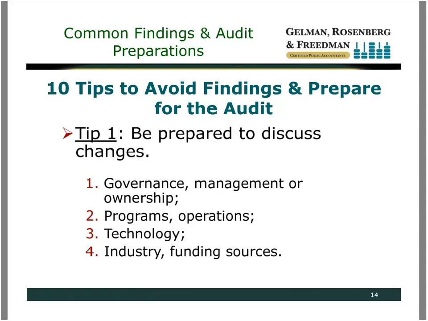And then our funding sources. Maybe you haven't had federal awards before, but now you do, and we come out to audit, and all of a sudden we realize you need a compliance audit because no one told us that we now have federal money. So just make sure we're discussing these things throughout the year, not at audit time.